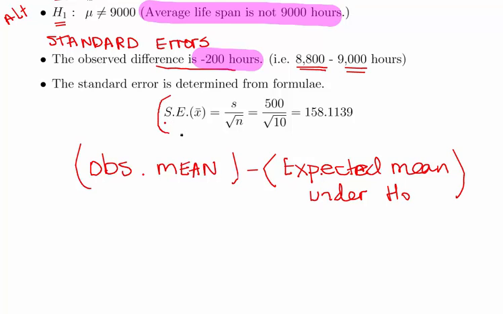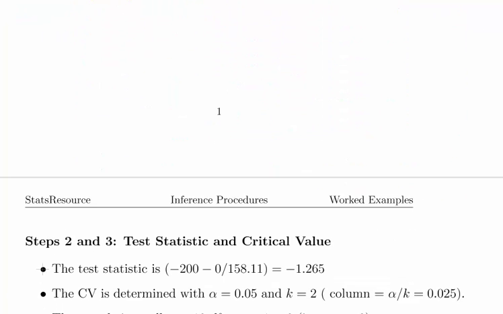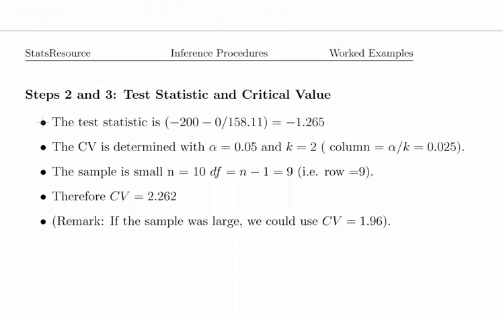That's usually given in the back of the exam paper, but in a lot of cases you might have to memorize it. S, we are told, is 500. N is 10, so 500 divided by the square root of n gives us 158.1139, so 158.11. This is really getting into step 2 already, the test statistic.